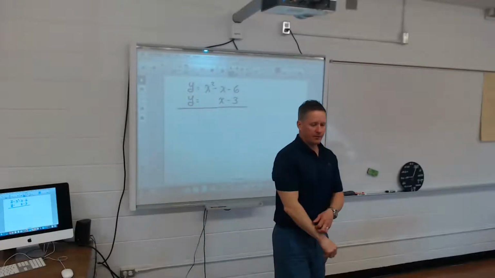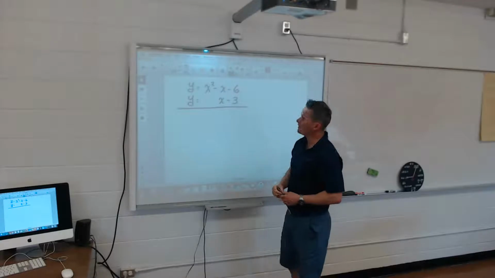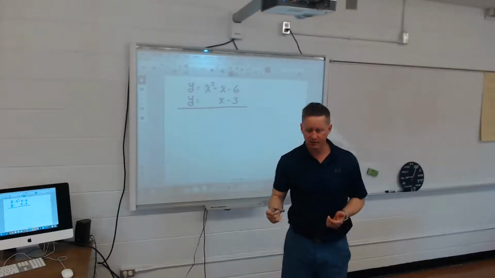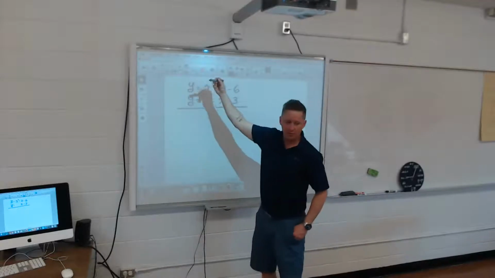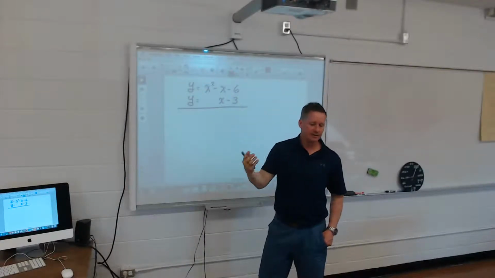Now, what I showed you last year is I want to make sure that I have the conjugate or the additive inverse here, so that when I add one of the variables together, it disappears.